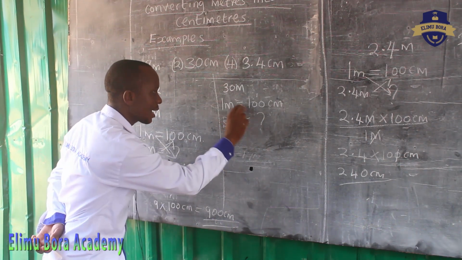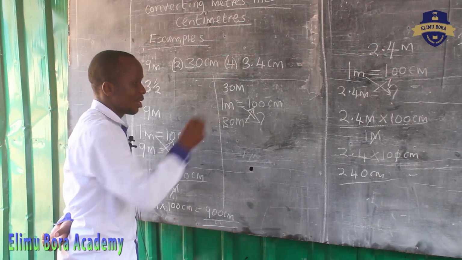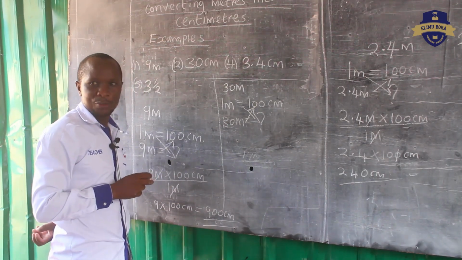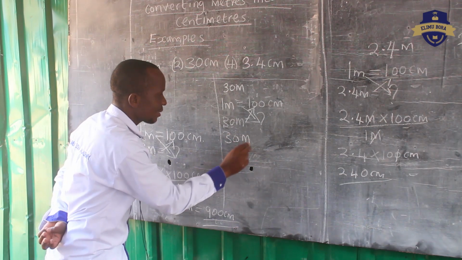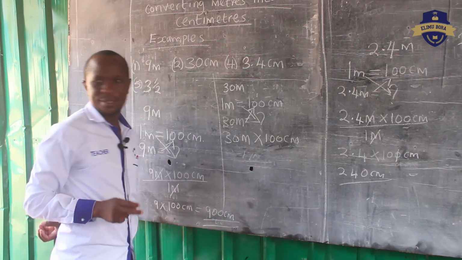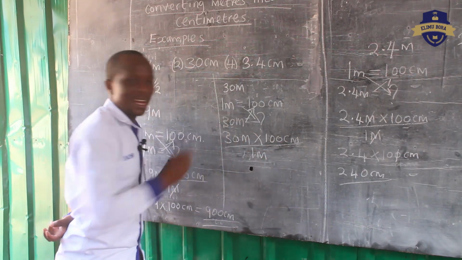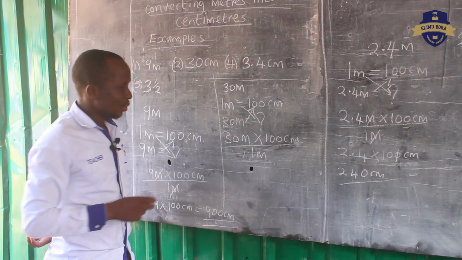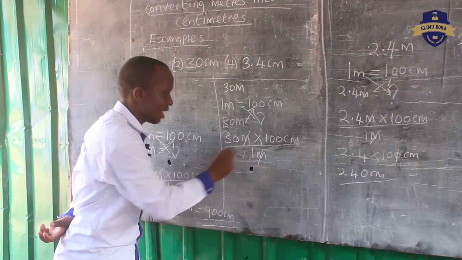You now do what we call cross multiplication. Then you take 30 meters multiplied by 100 centimeters, then you divide by 1 meter. So what will you do? You cancel meter and meter.